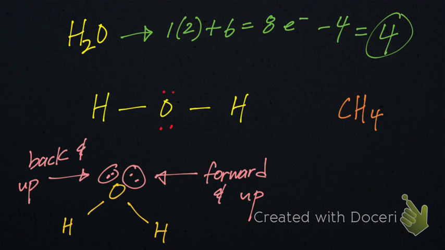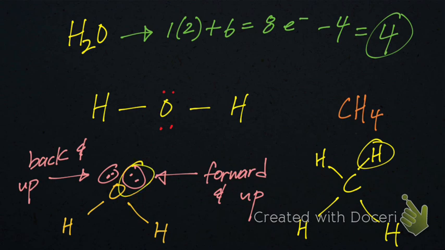What if I put the H here and H here, just like the water, and the other H is shooting where the lone pairs are? This H is shooting out at you, forward and up, and this one is back and up. Very similar, except for water the above H's are replaced with lone pairs of electrons.